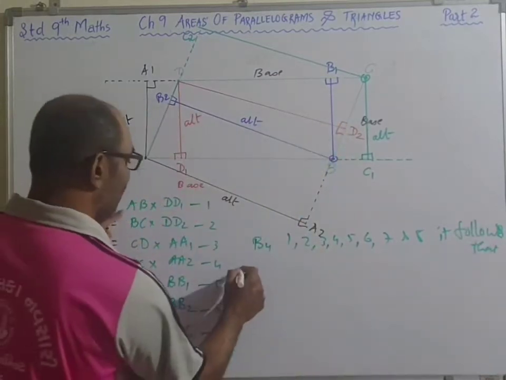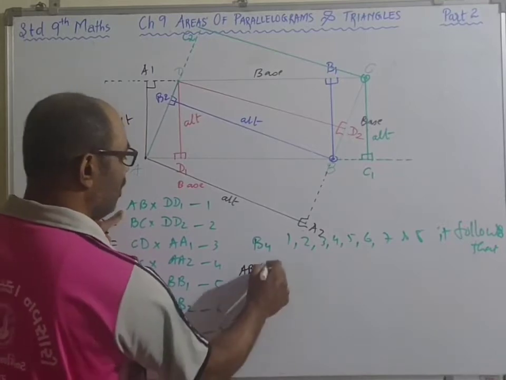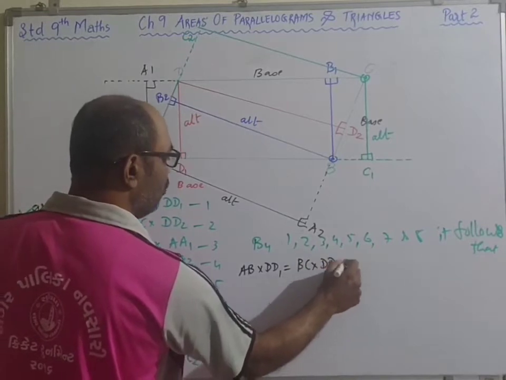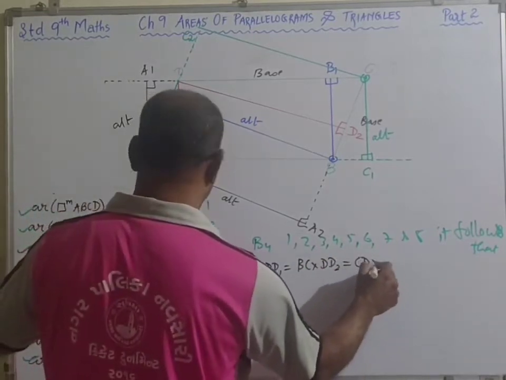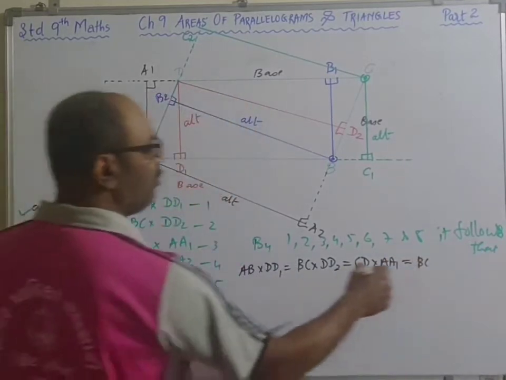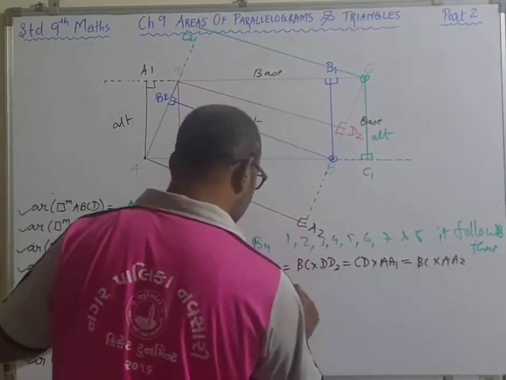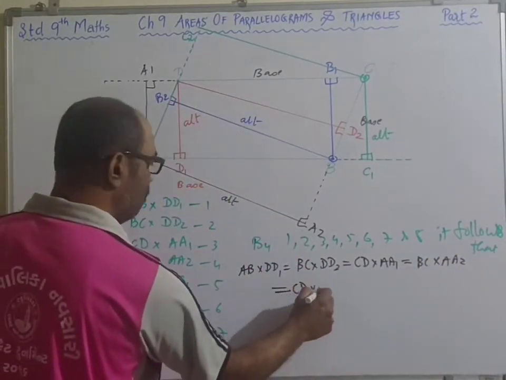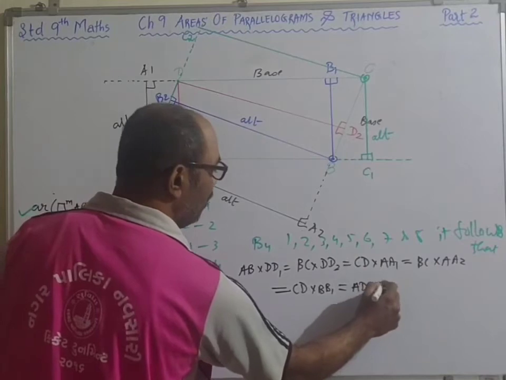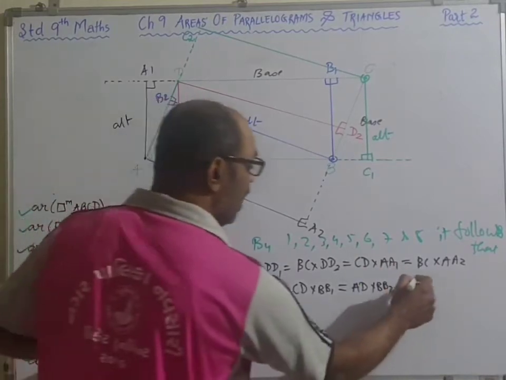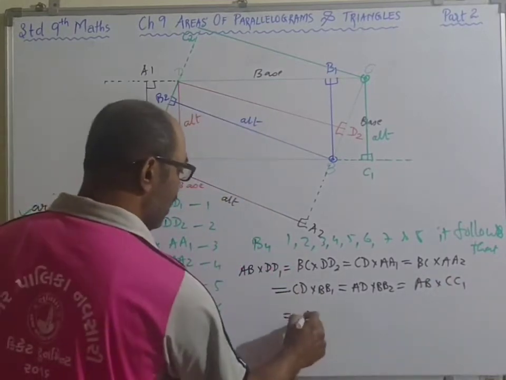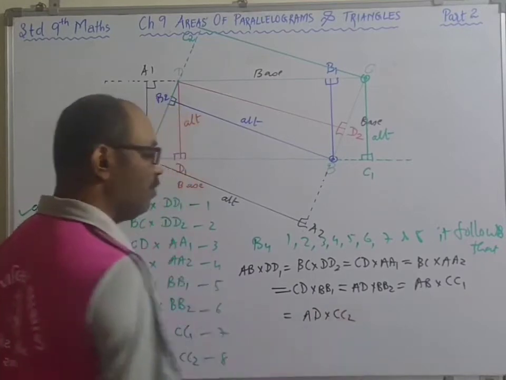AB into DD1 is equal to BC into DD2 is equal to CD into AA1 is equal to BC into AA2 is equal to CD into BB1 is equal to AD into BB2 is equal to AB into CC1 is equal to AD into CC2.